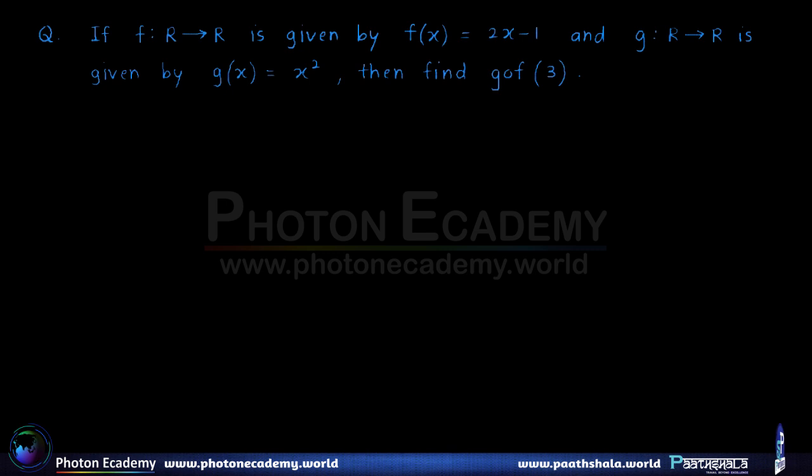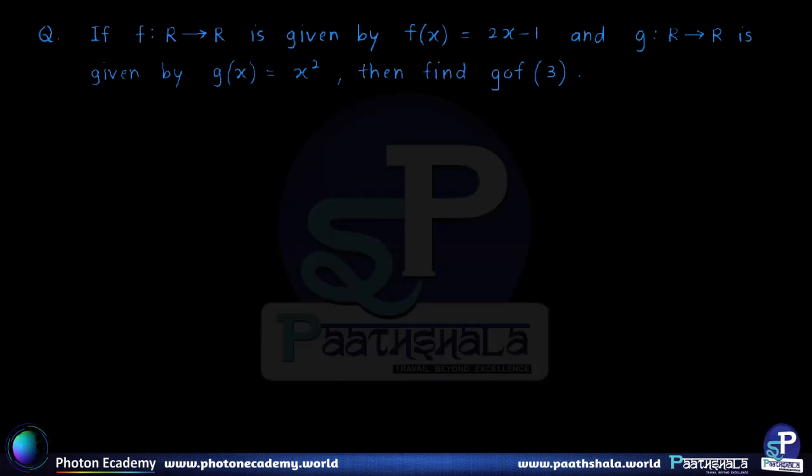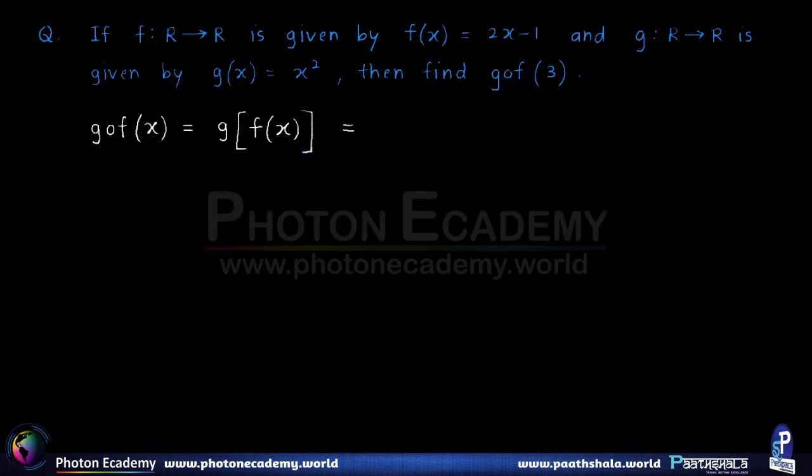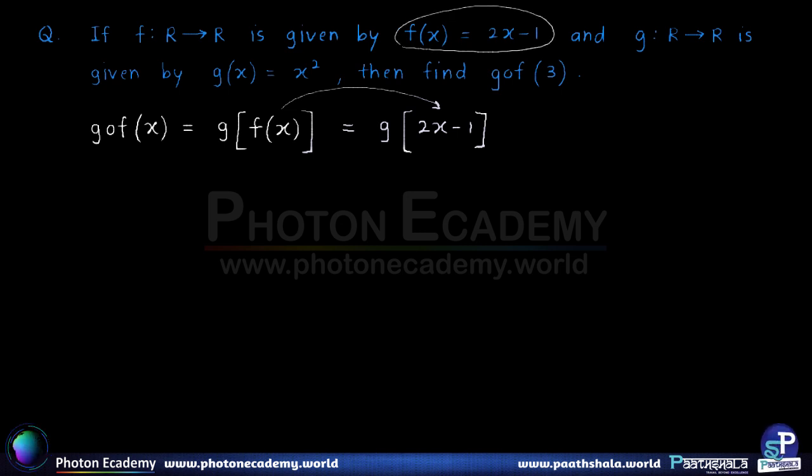So first of all, let us understand what the composite function means. So we know that g of f is nothing but g of f of x. So now in place of f of x, we can write its expression, that is 2x minus 1, because we know that f of x is given by 2x minus 1 as per the definition.